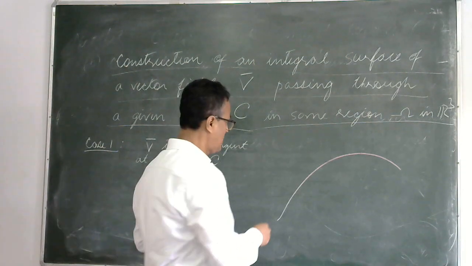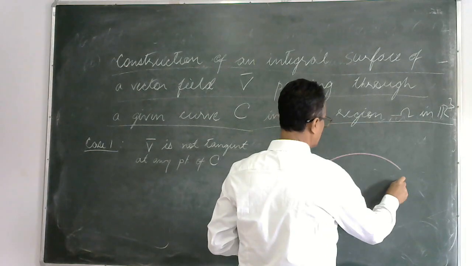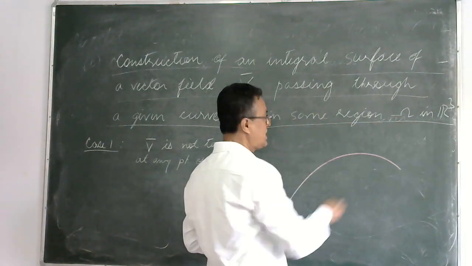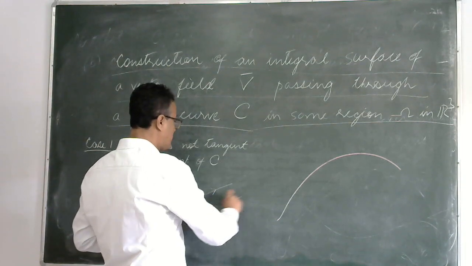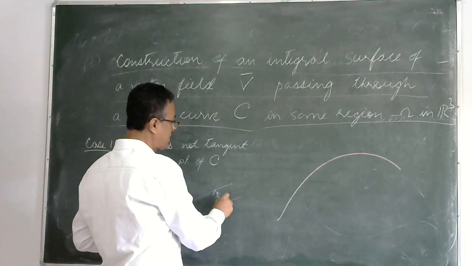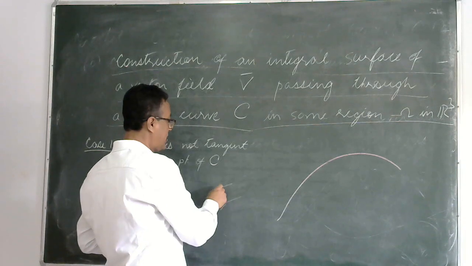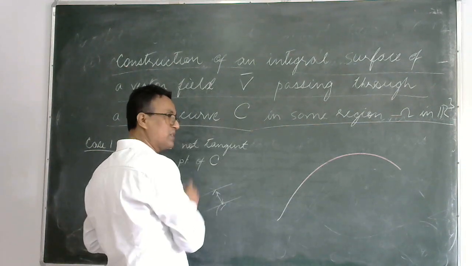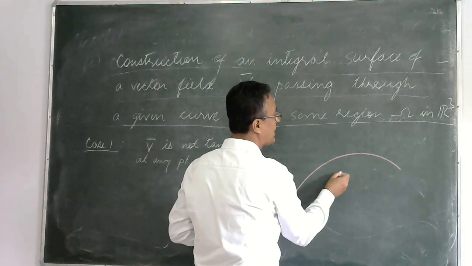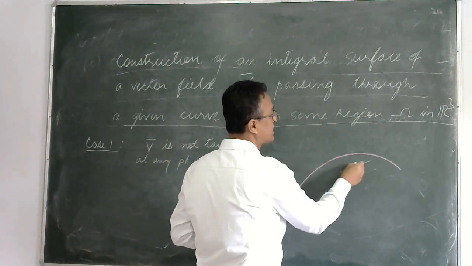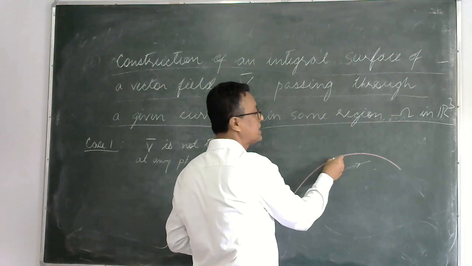Then what is going to happen? Take a parallel vector: you can have a translation by displacing it. Suppose v is tangent here, so by shifting, v will be tangent there also.